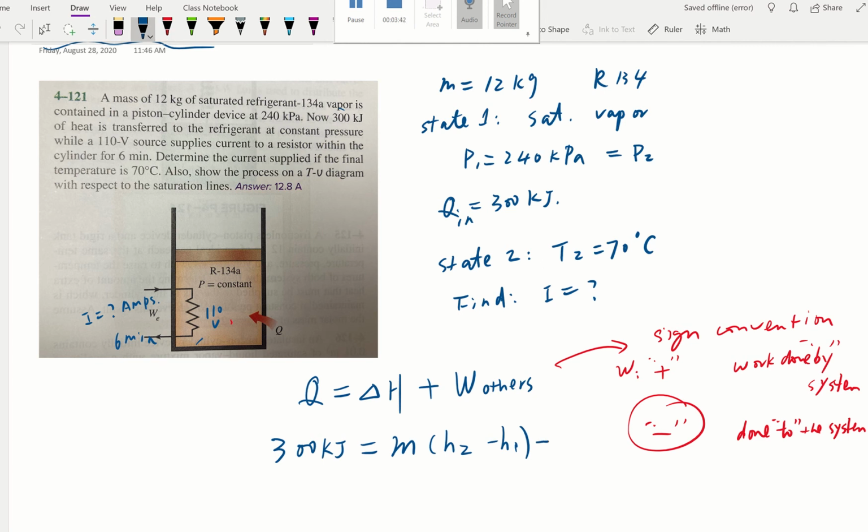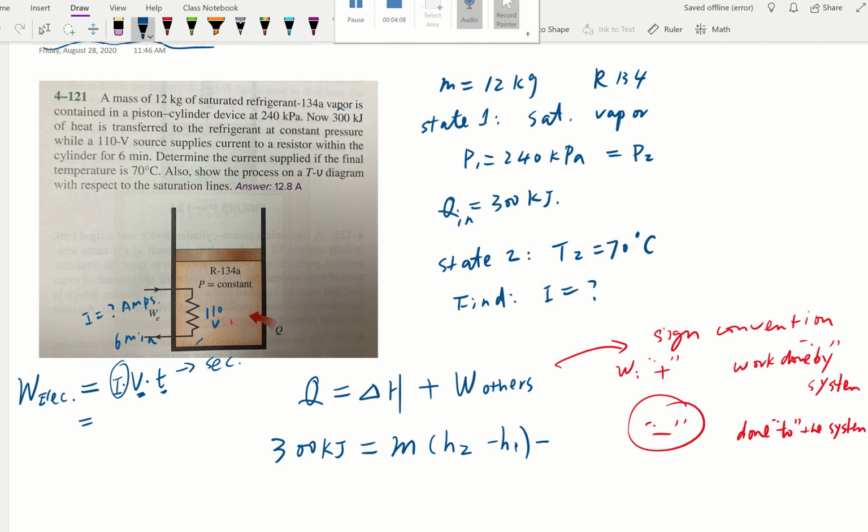And for this electrical work, I'm going to do a quick review. You learned it's going to be voltage times amps times time. That's going to give us the electrical work. So if we use I in amps and V as voltage, t here has to be in seconds.